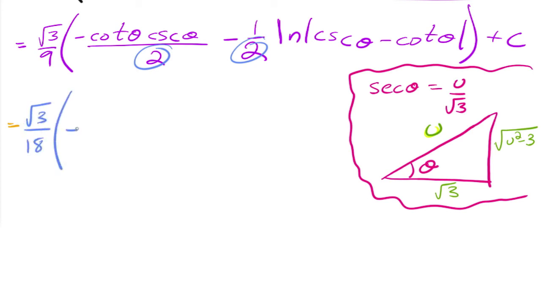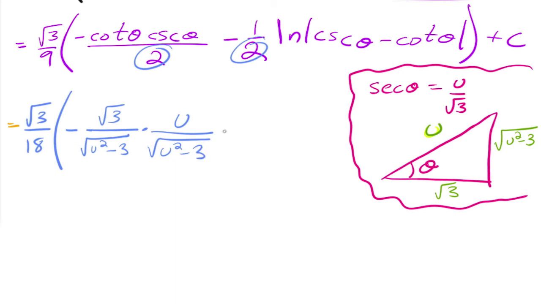And then I have minus cotangent of theta, that's going to be root 3 over the square root of u squared minus 3, and then times cosecant theta, that's going to be u over the square root of u squared minus 3.